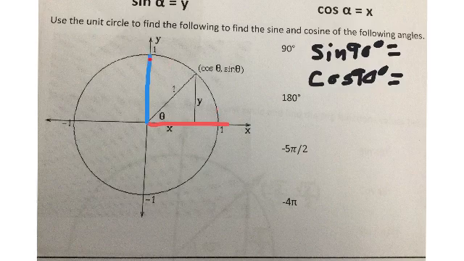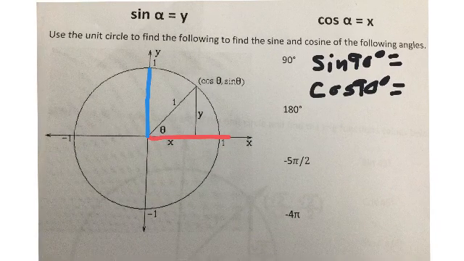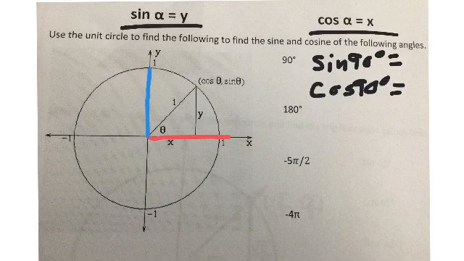So if I go up to 90 degrees, well, I can't draw a right triangle from there because it's just that line. So whenever we rotate to an axis, either the x-axis or the y-axis, we have to think through our special examples, which are listed here. We have to know sine of the angle is equal to y, cosine of the angle is equal to x. So what I always do, I rotate it to an axis, so I'm going to identify what is this point on the axis. That is the point 0, 1.